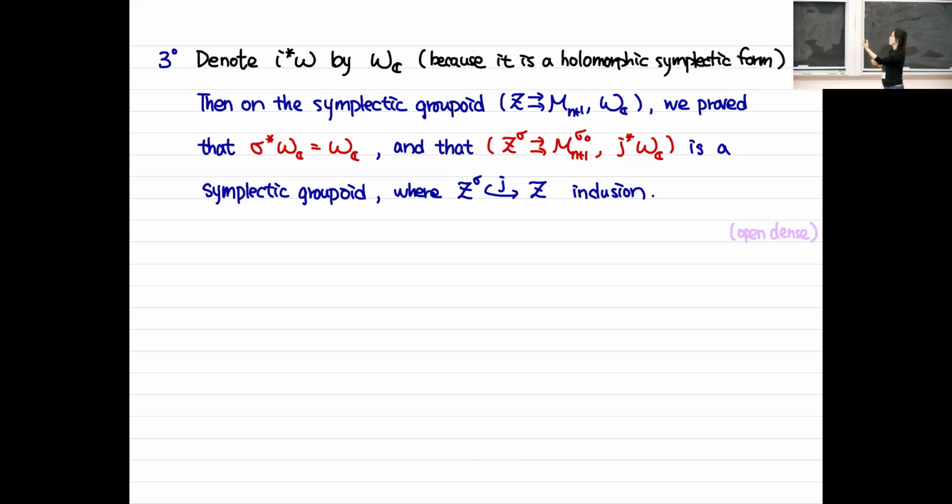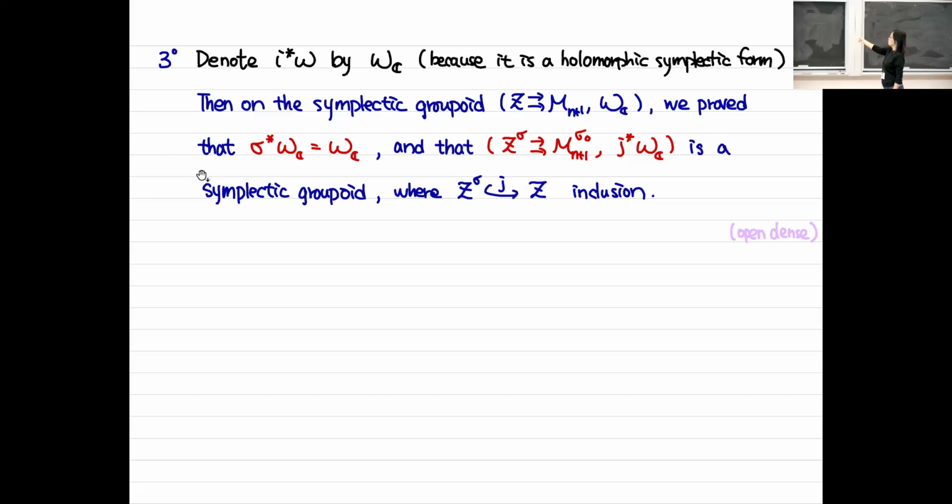So the first one is sigma. You show that sigma is symplectic, so the pullback of omega C is omega. We just said that this form on the universal centralizer is symplectic, right? But because it's SL(n+1, C), this is in fact a holomorphic symplectic form, so when you pull it back, it's the same.